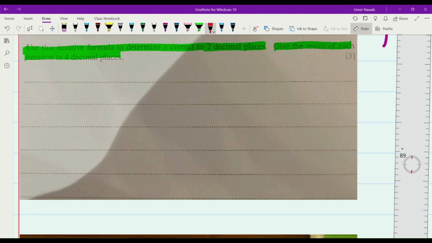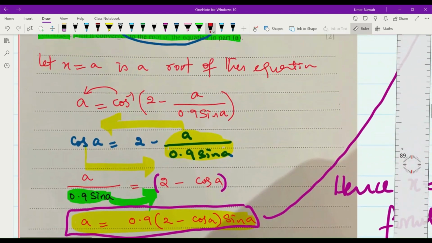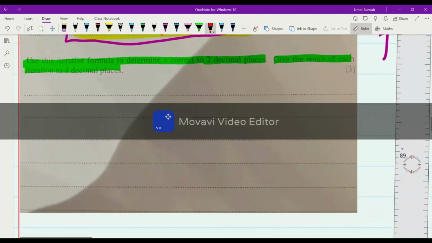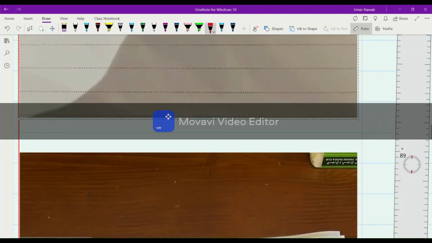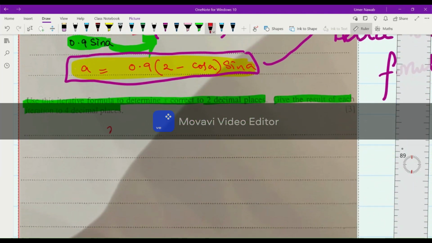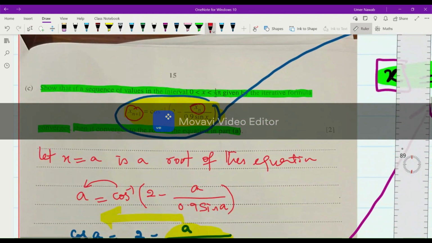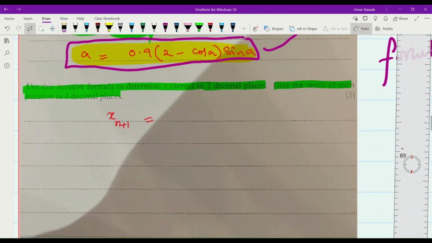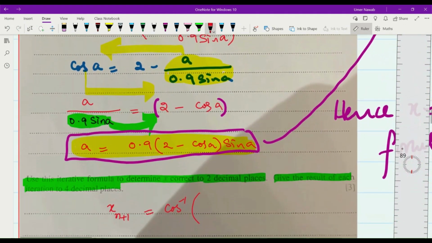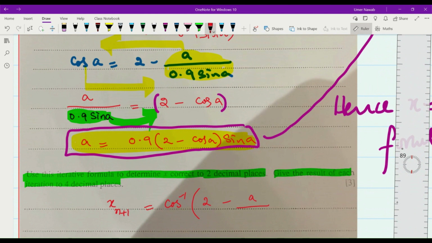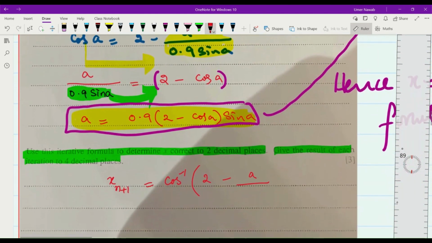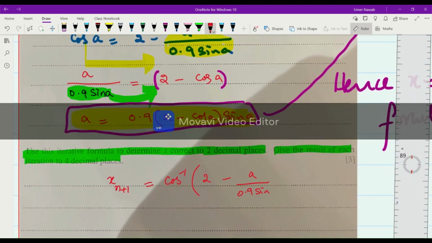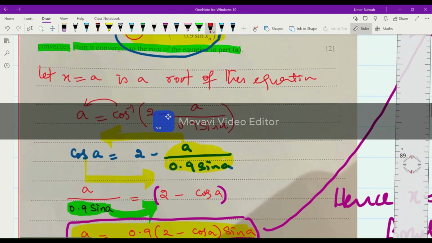So let me write this iterative formula again. x subscript n plus 1 equals shift cosine of (2 minus xn) over 0.9 sine of xn.